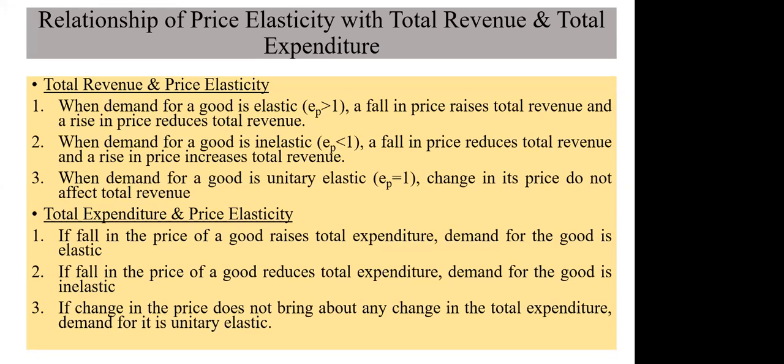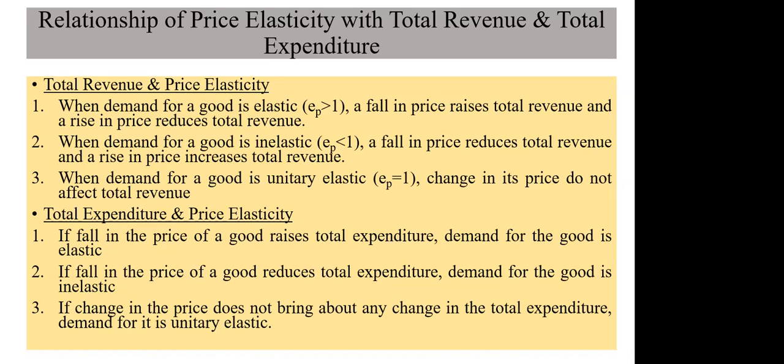Your total expenditure will be rupees 88, and the total revenue to the producer will be rupees 88. So with the fall in the price, the total revenue of the producer and the total expenditure of the consumer reduced. And vice versa in case of a price increase.